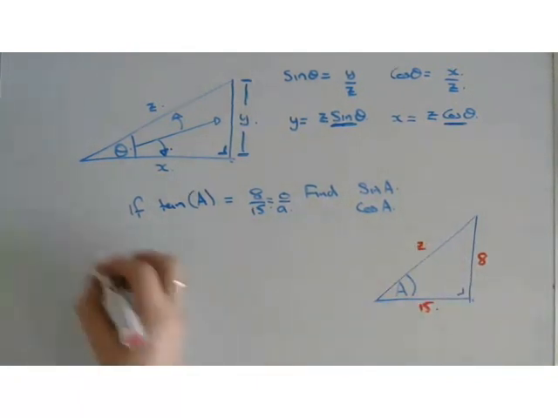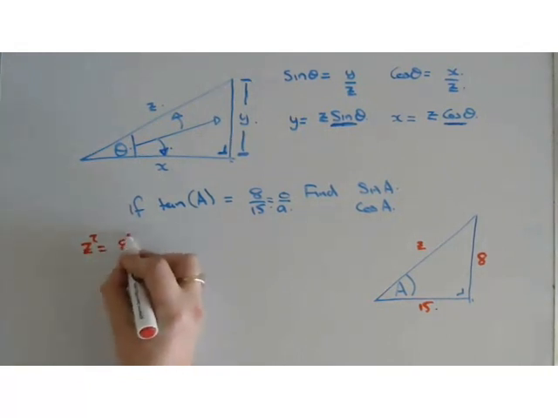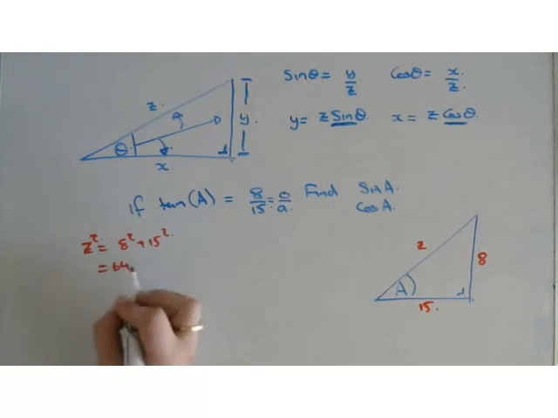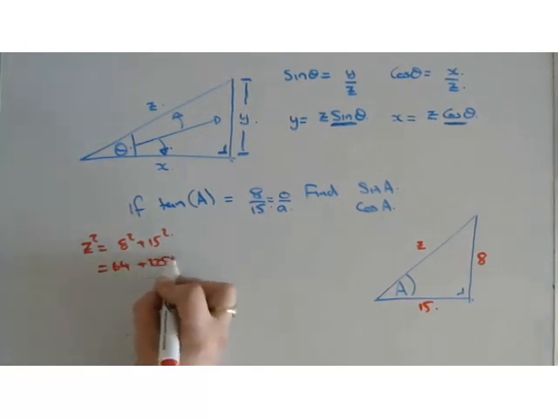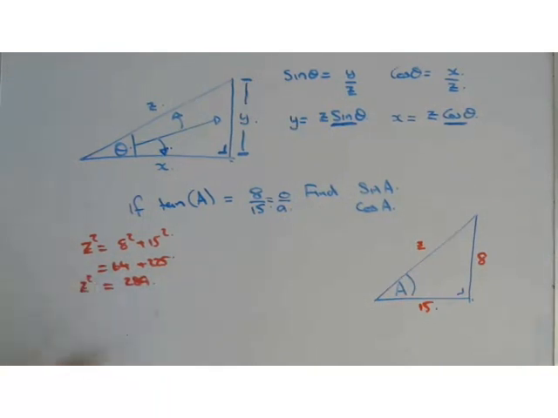Now, Z squared is 8 squared plus 15 squared, which is 64 plus 225, is 289. That's Z squared. So z is the square root of 289, which is 17.